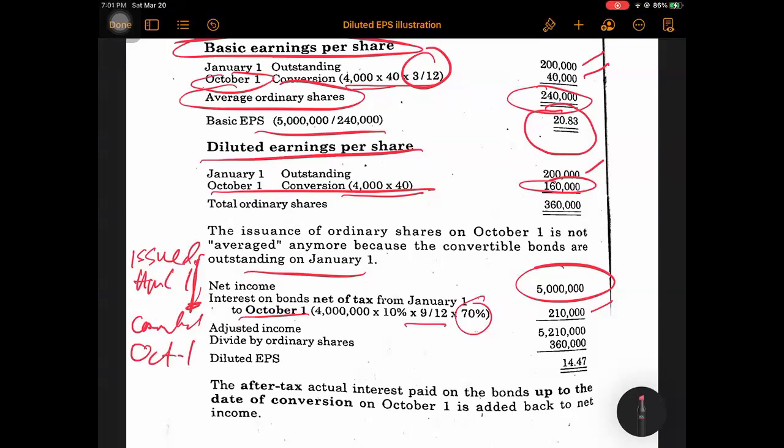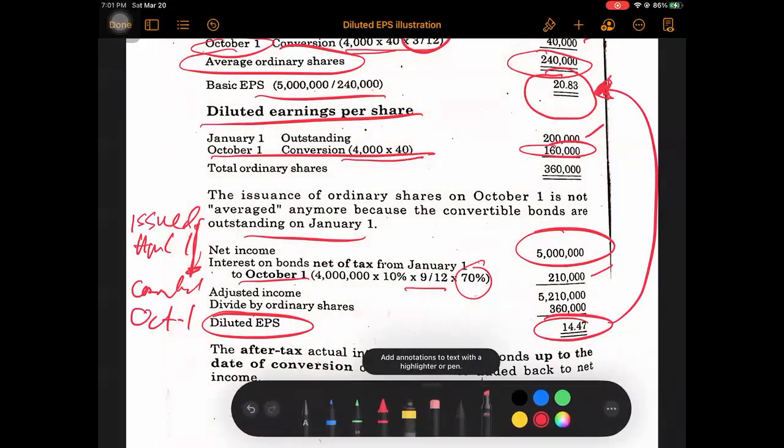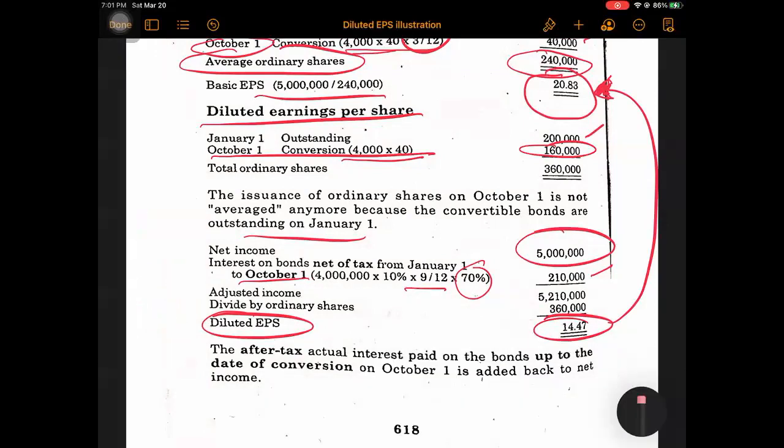Okay, so based on this problem, you have diluted earnings per share of 14.47. Therefore, dilutive security gyapon imong convertible bonds because lower siya compared sa imong basic earnings per share computation. Okay, any questions so far? So that's the three.